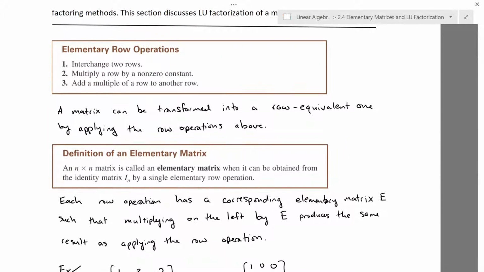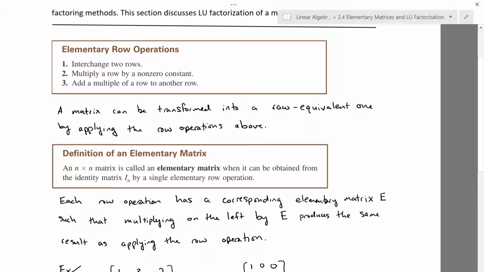So in terms of the row operations that can be done to a matrix, there are three elementary row operations. The first row operation is interchanging two rows of a matrix. The second row operation is multiplying a row by a non-zero constant. And the third operation is adding a multiple of a row to another row.